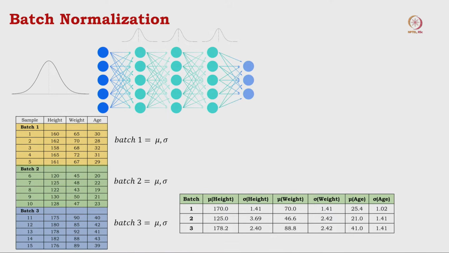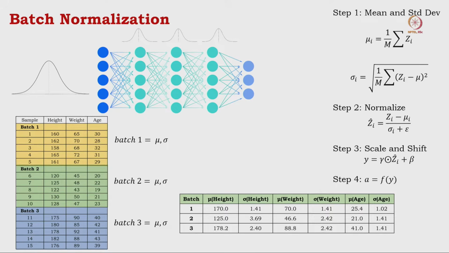Now, there is one important step here. What have we done? We calculate the mean, we calculate the standard deviation, and then we normalize each of the values.